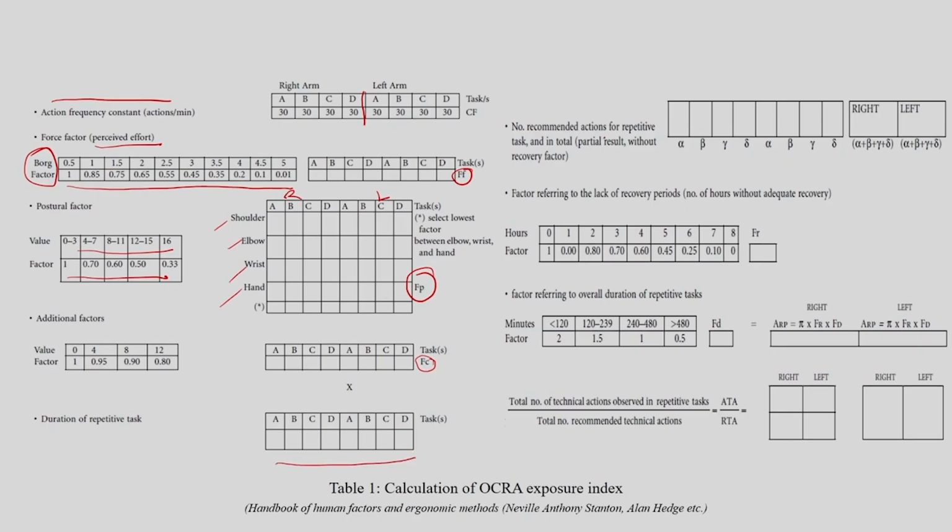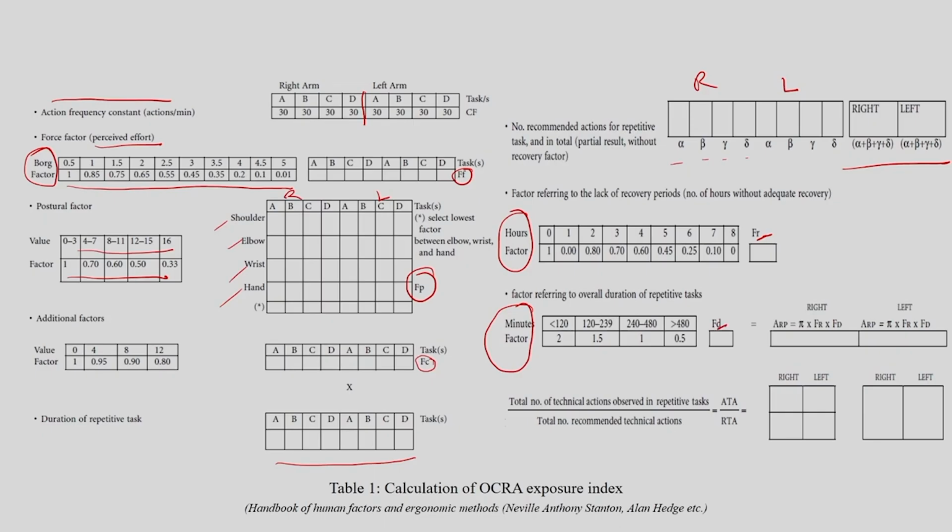Then the number of recommended actions for the repetitive task in total, the partial result without recovery factor, with alpha, beta, gamma, delta for right and for left. Now here is the hours calculation and the minute duration, total duration. Then the recovery here and this is the FD.